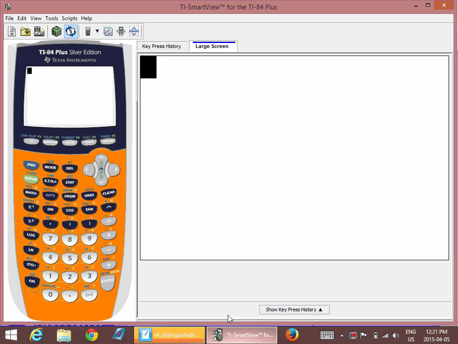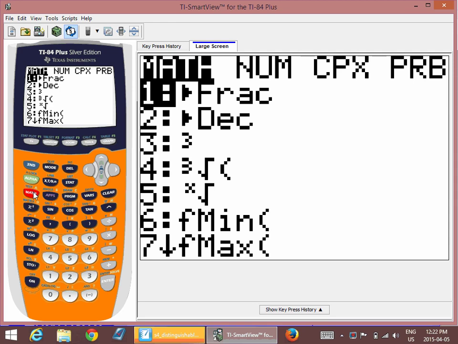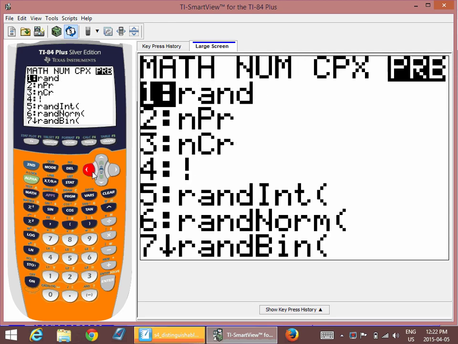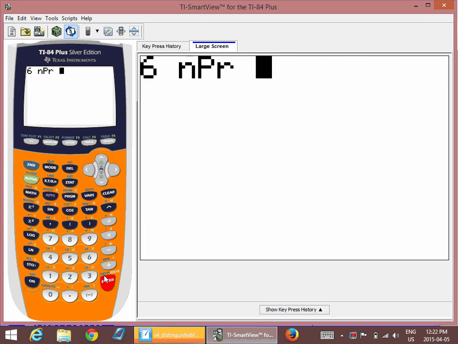So, 6 pick 2. Here's how we do it. You type in 6. Then you go to the math menu. At the math menu, go to probability and pick the second option there, which is nPr. Press enter, and then press 2 for 6 pick 2, and then press enter. And as you can see, the answer is 30.